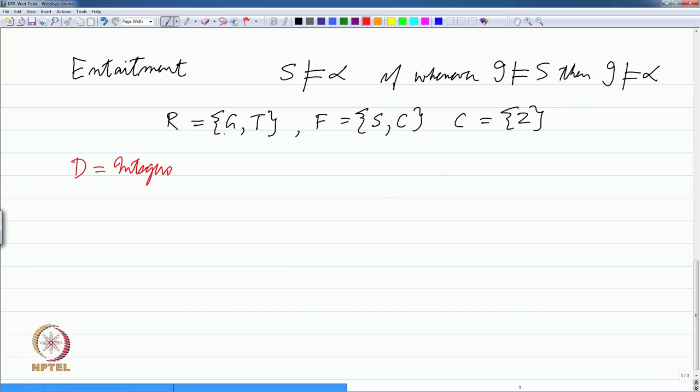Then I say that G refers to greater than, and T refers to some relation, let us say less than, it does not matter. Because I am talking about integers, the notion of less than and greater than is defined on those integers. So, whenever I use the formula G of two terms, I am essentially saying the first term is greater than the second term.